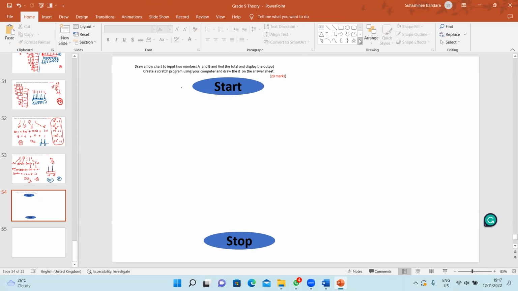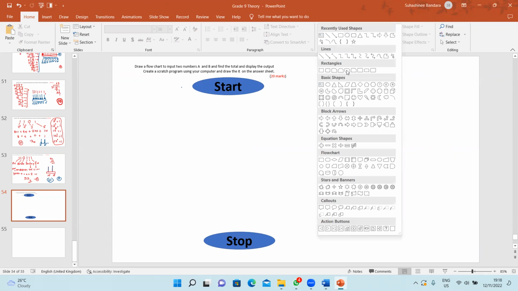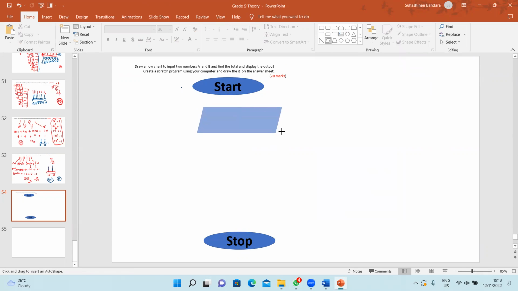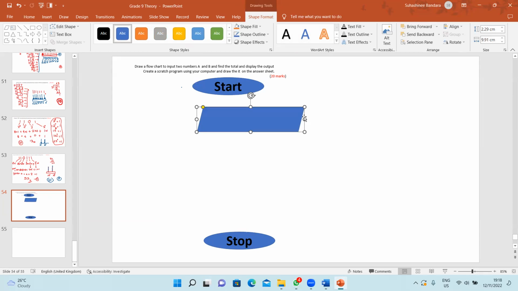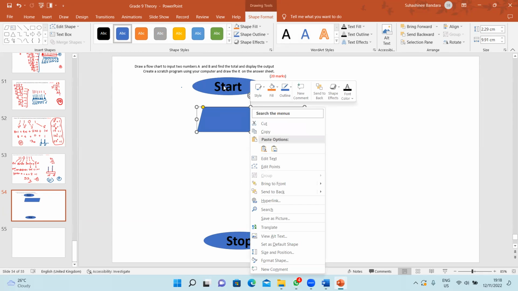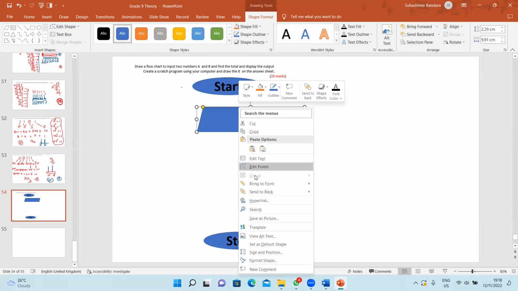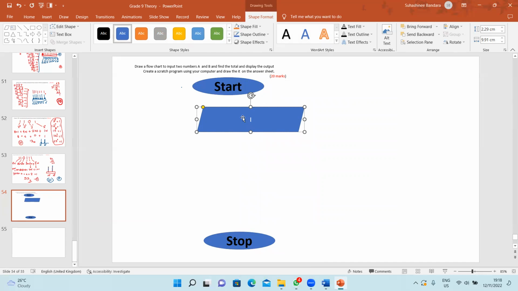And then you have the input. How do we represent it? What is the shape of input? Input should be a parallelogram. So input, we are going to use this shape, for input and output both. How to write on this one? Edit text. Then we'll write input.